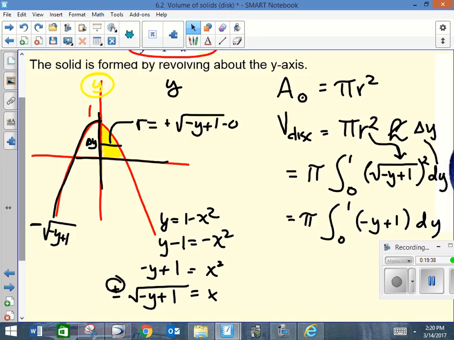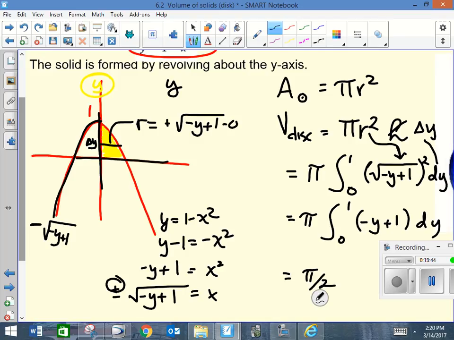Okay, so what'd you get? So you get pi over 2, because this piece is 1/2. Everybody good? So you find the area, find the radius part of that.